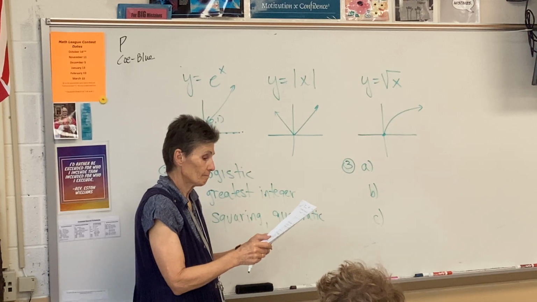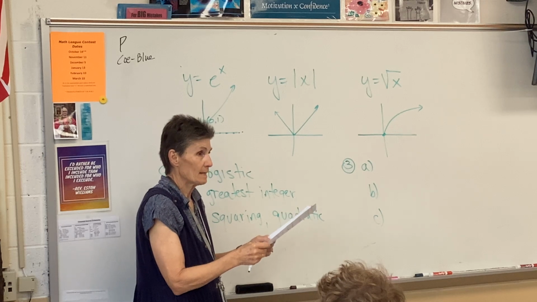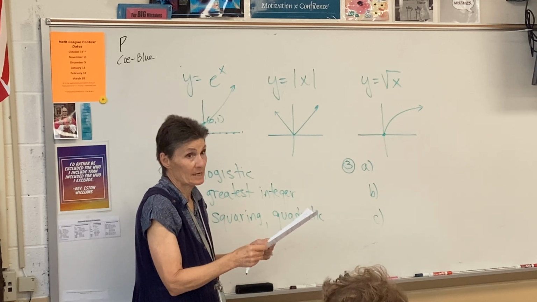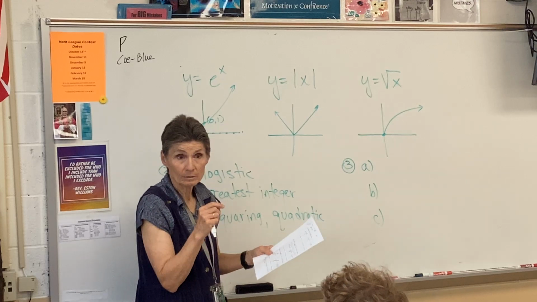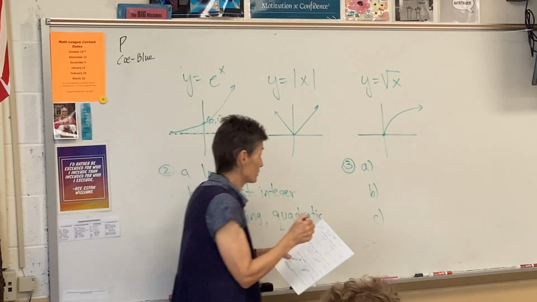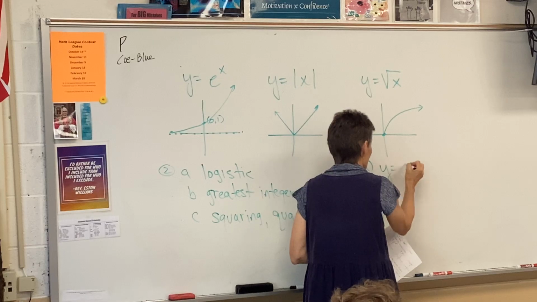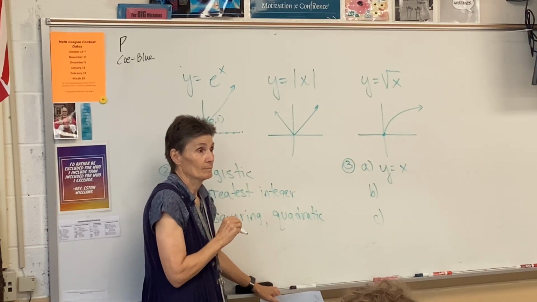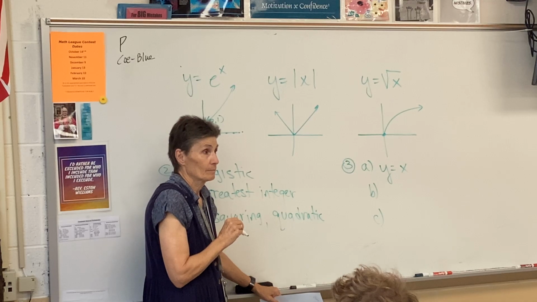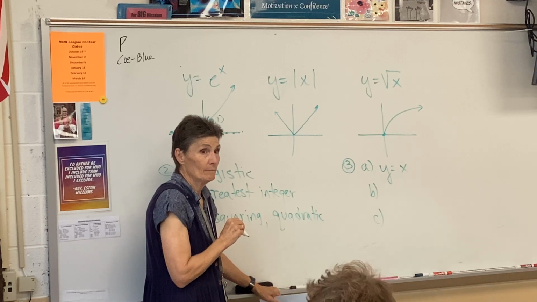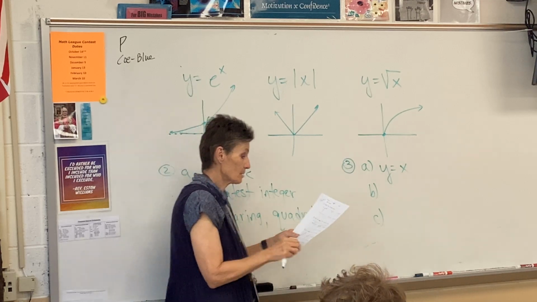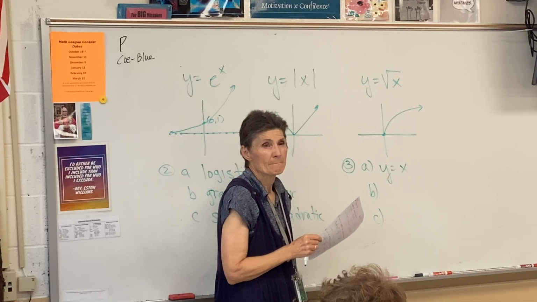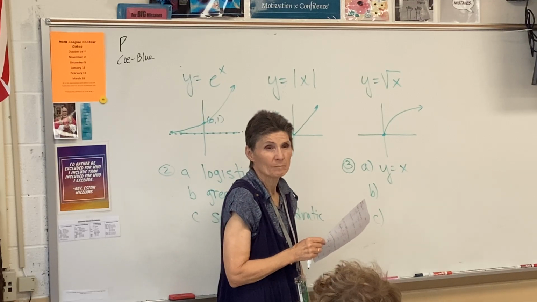Okay. What's A? It's linear for identity, and it's y equals x. Right? What's the next one? Y equals ln. It's y equals ln x.